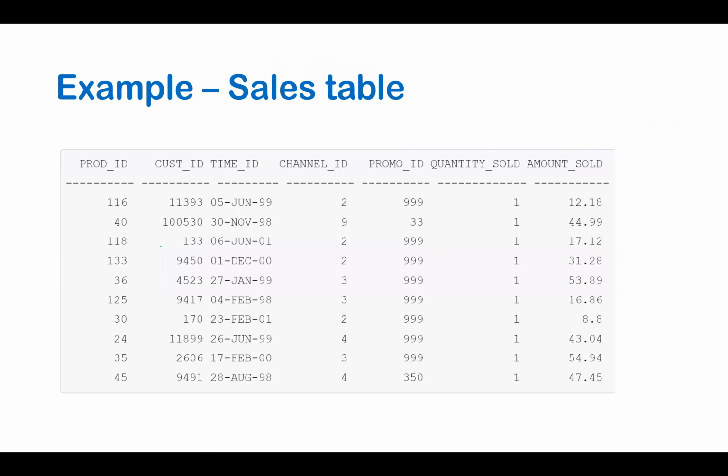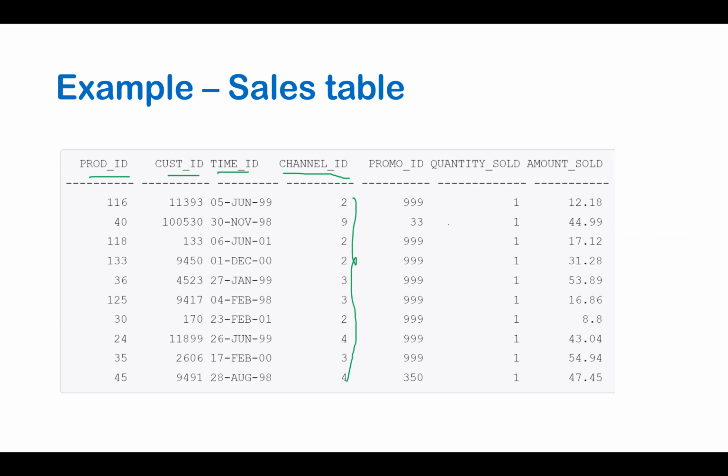So take this particular sales table. If you see this sales table, you have some product IDs, customer ID, time ID. Sometimes the sales are happening. So you can see 98, 2000, 2001, 98, 99. All this data is happening. Some channel ID we have, some repeated values are there, channel ID, right?